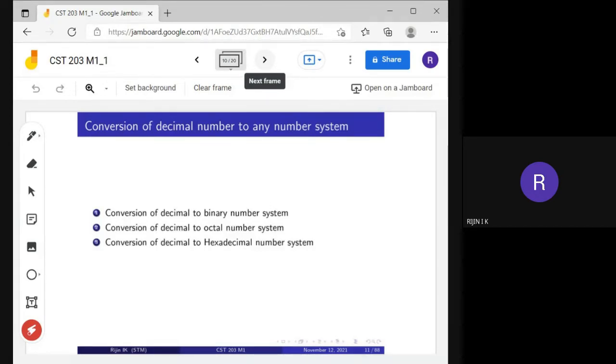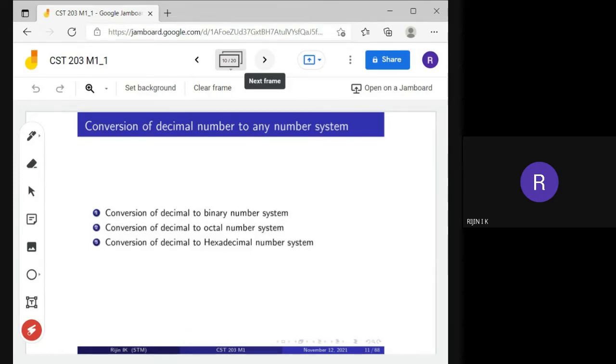What is the procedure for converting a decimal number into a binary number? Yeah, correct, Muhammad Safir. That means we have to perform repeated division. So that is in the case of the integer part.